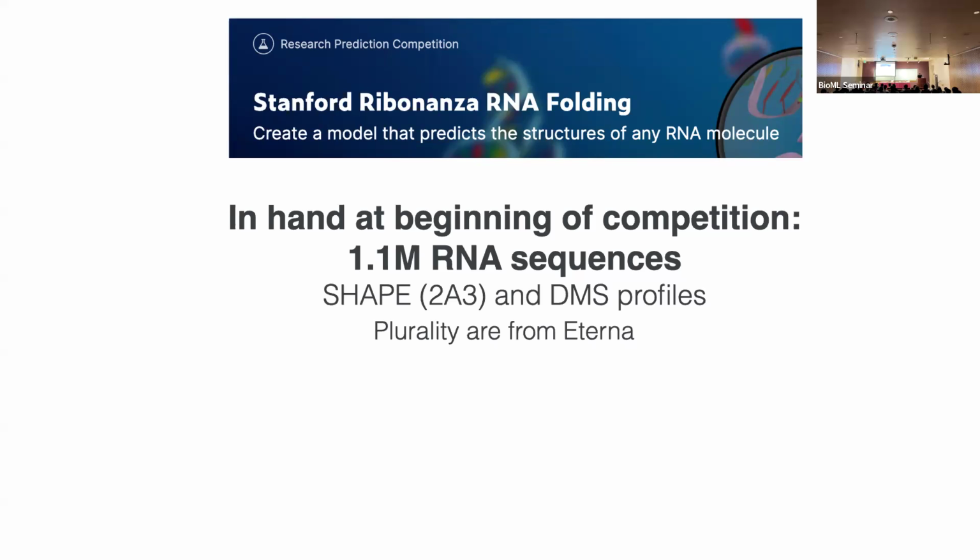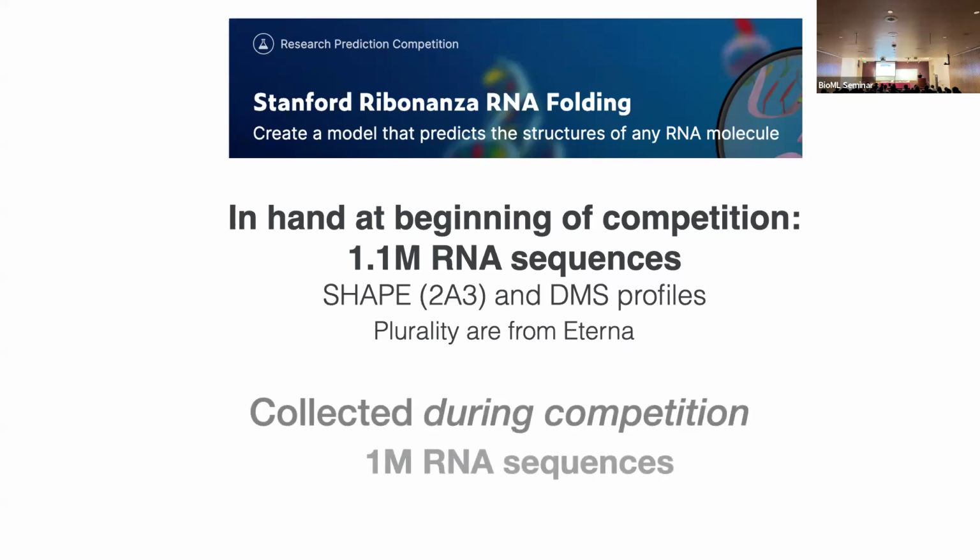And then we closed this competition in December, and we scored people's models on data on another 1 million RNA sequences. To help ensure rigor, and to ensure that we would have fun as hosts, we decided to not collect the data until near the end of the competition. That way, for the first 2 months, we were all in it together, trading a bunch of ideas on the forums, like, hey, have you looked at this particular test molecule?